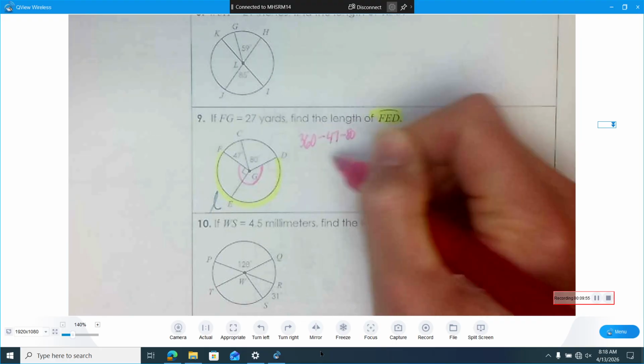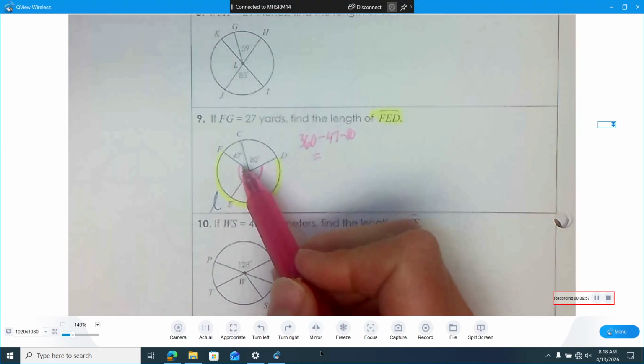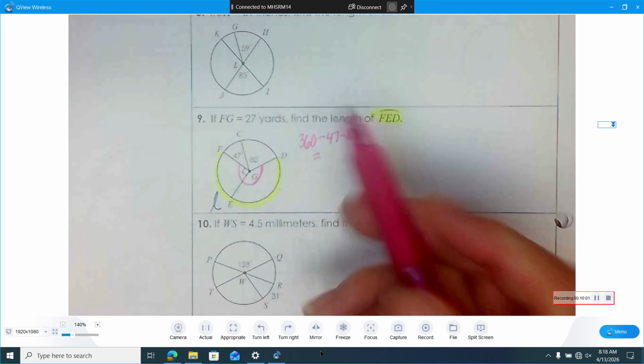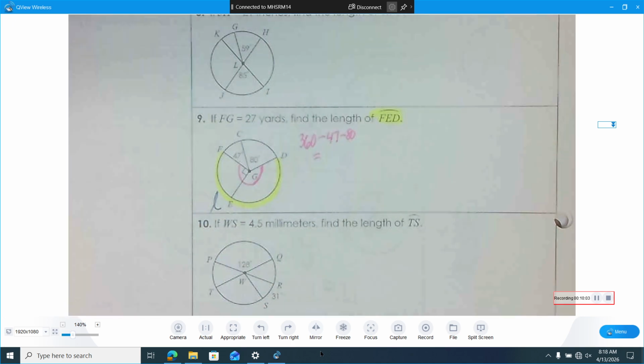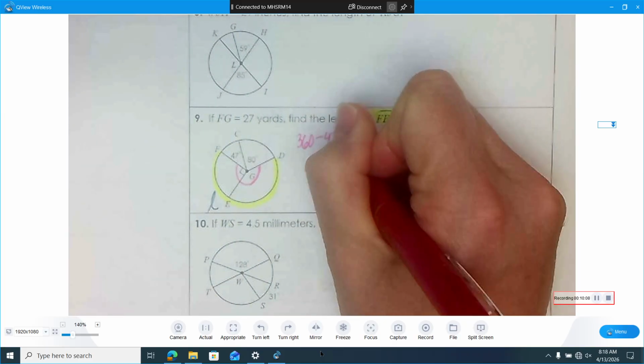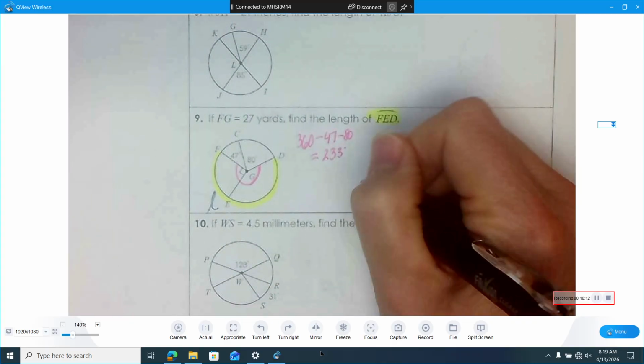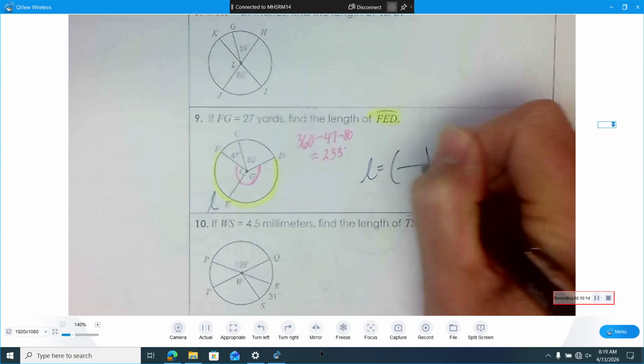That's really all I need to do. If I take away the 47 and take away the 80, that'll leave me with this pink whole thing, which is 233 degrees.